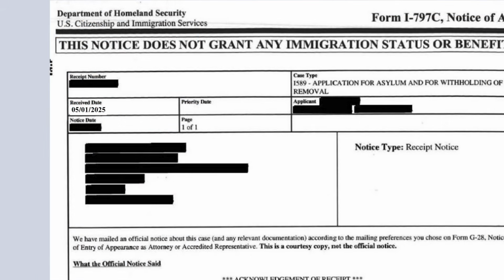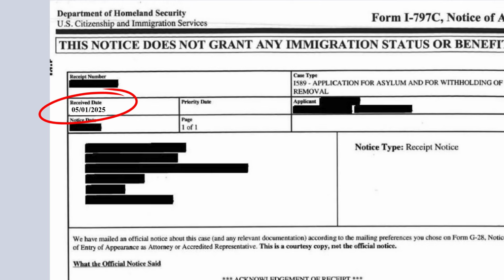If you applied for asylum with USCIS, you can count the days from your asylum receipt notice. Here is a sample asylum receipt notice. You can add 150 days to the received date to find out when you can submit your work permit application.